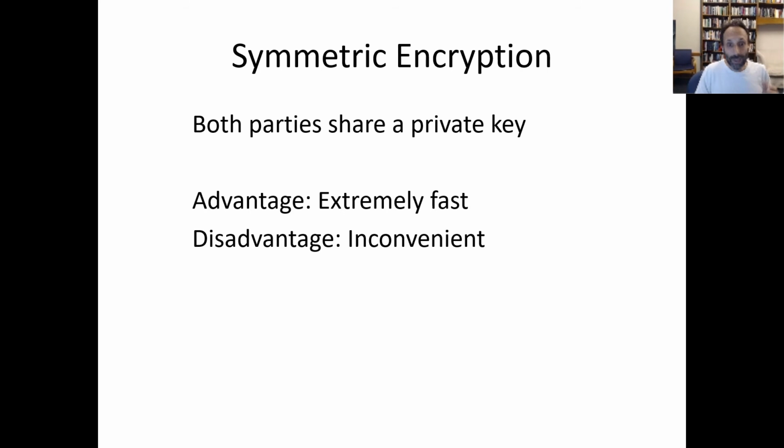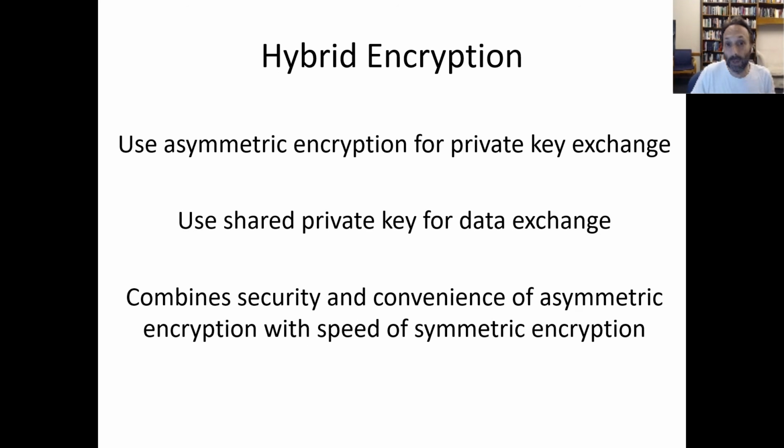Okay, so what has happened is that they created a system of hybrid encryption. You use the asymmetric encryption to exchange a key between the two parties. And then you use that private key that you shared for the data exchange. So this combines the security and convenience of asymmetric encryption with the speed of symmetric encryption.